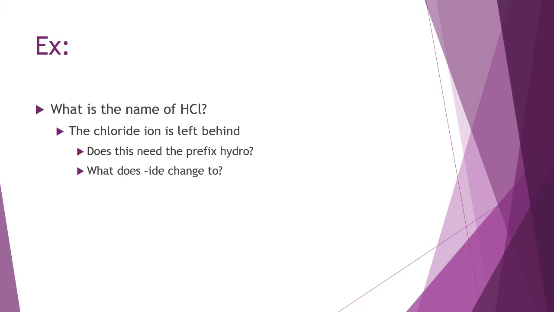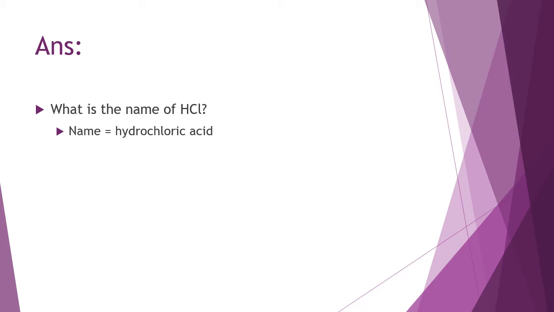We should consider, do we need the prefix hydro- for this acid? And, since this is the chloride ion, what is the -ide ending changed to? Since this was a monoatomic ion, the hydro- prefix will be included. And -ide becomes -ic, so the name of HCl will be hydrochloric acid.